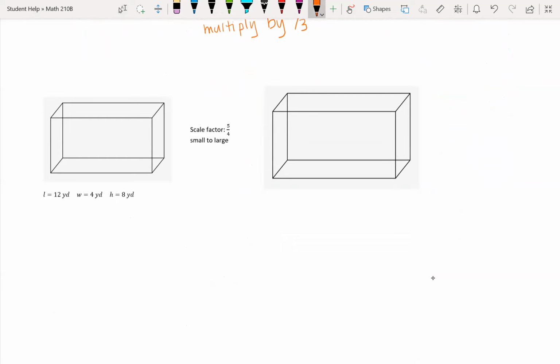The scale factor is 5/4, which is the same as 1.25, right? So to get all the measurements on the right, I'm going to multiply by 1.25. The length over here is going to be 12, which is the length on the left, multiplied by 1.25, which is 15 yards.